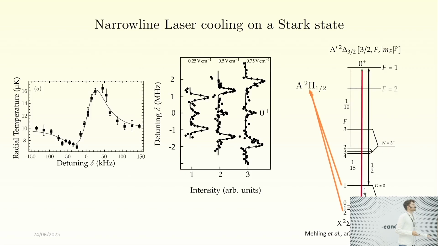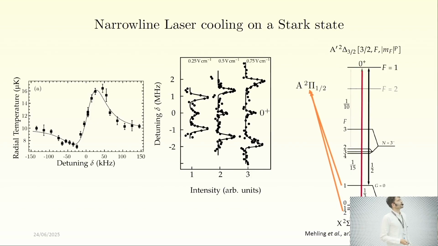And so the idea is now straightforward. We initialize our molecules in a single quantum state in the n=1 state, in the sigma electronic ground state. We do this by optically pumping away the G0 manifold and the F=1 and 2 in the G1 manifold into this state here. And then we connect this state with our narrowline transition.